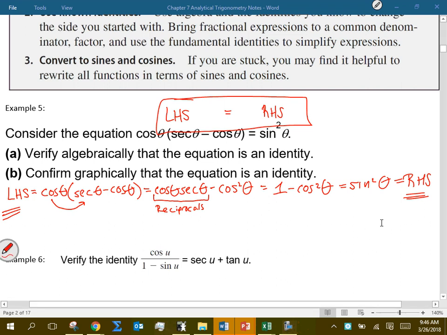A lot of times when you prove something, to show that we've come to a conclusion, they put a little box and they shade it in. I think sometimes they write QED or something like that, which I think is Latin for something to do with I've proven what I've been asked to prove.